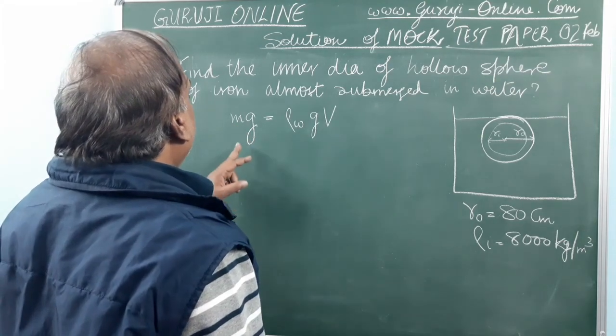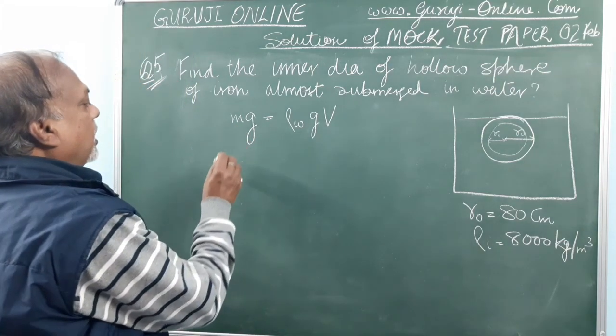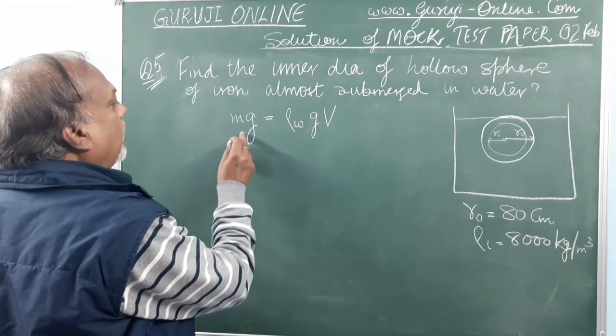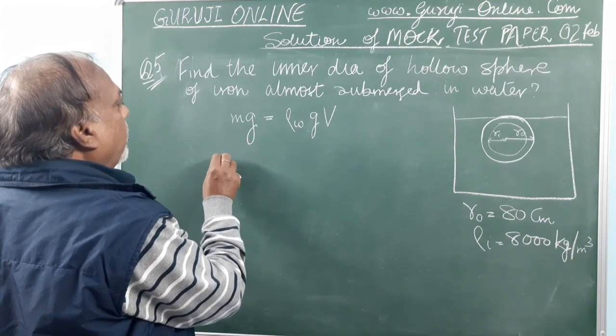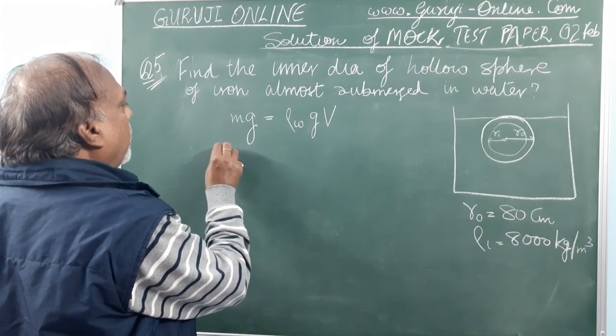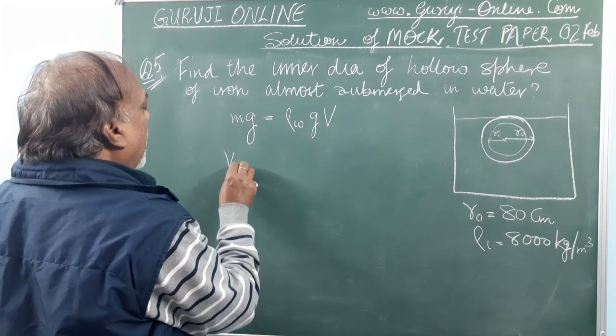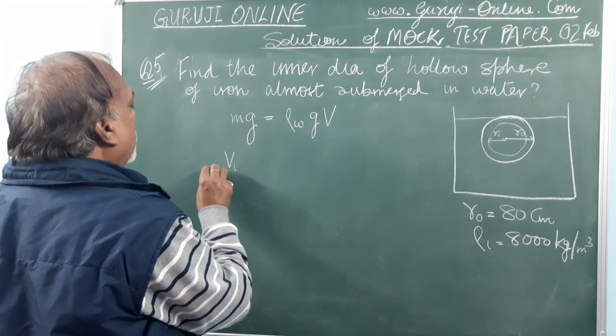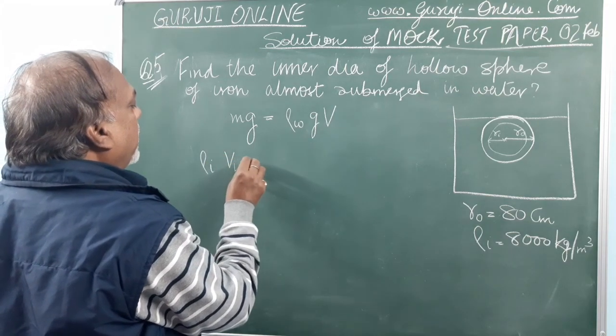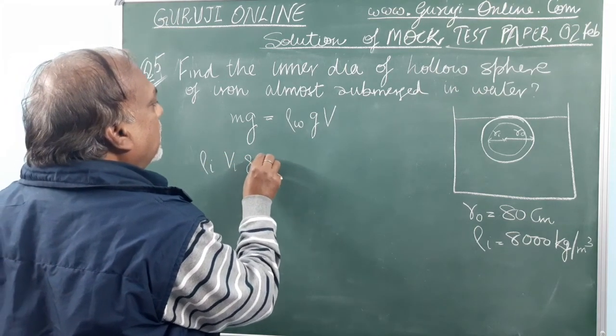This is nothing but the volume of the iron into rho I into G.